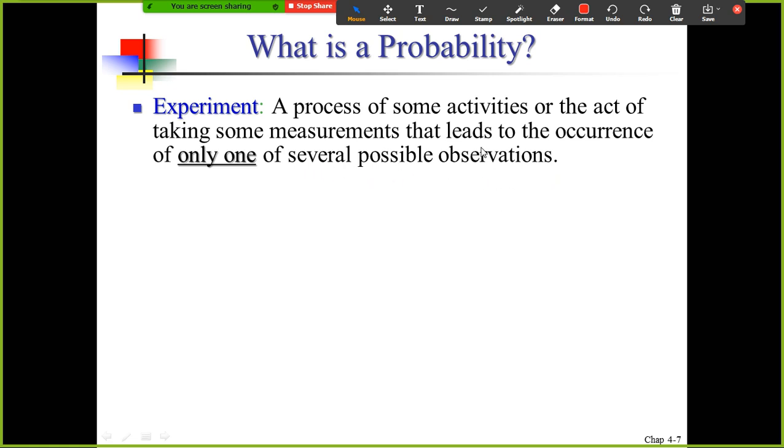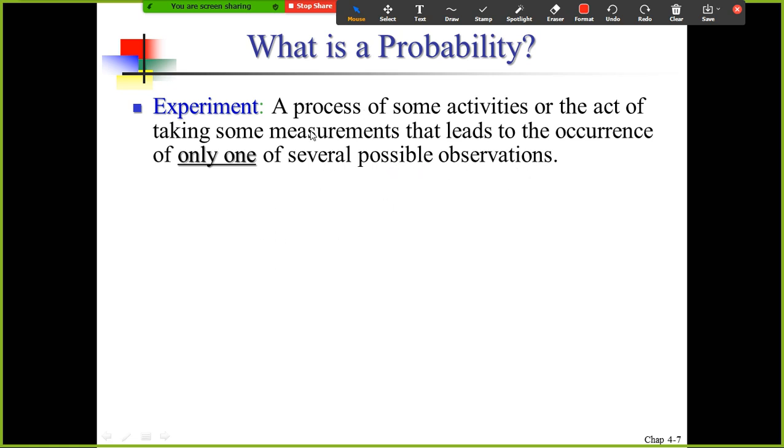So experiment is the process of doing some activities or the act of taking some measurements that leads to the occurrence of only one outcome or only one observation coming among several possible observations.